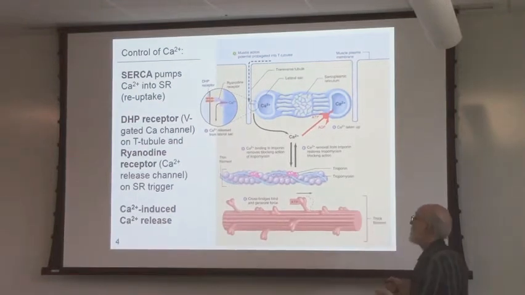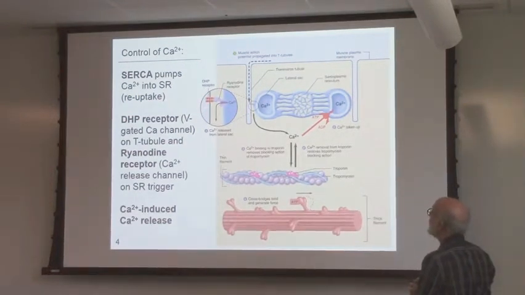So in heart, the calcium that comes in through the dihydropyridine receptor voltage-sensitive ion channel, that calcium causes the calcium release channel to open.